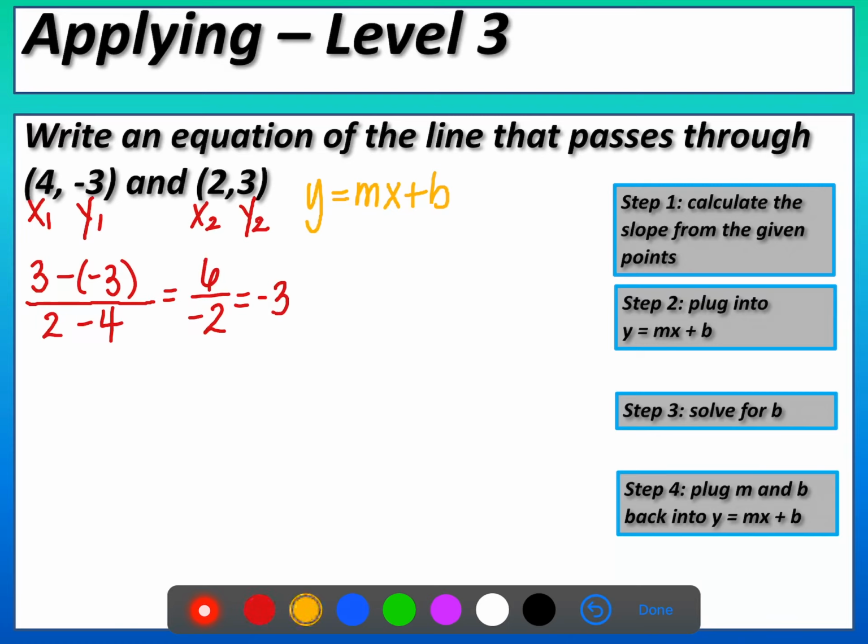Now, when I go to solve for my y-intercept, I can use either one of those ordered pairs. They will both give me the same answer. So I'm going to use the one that's easier and doesn't have any negatives in it. So I'm plugging that in for x and y.